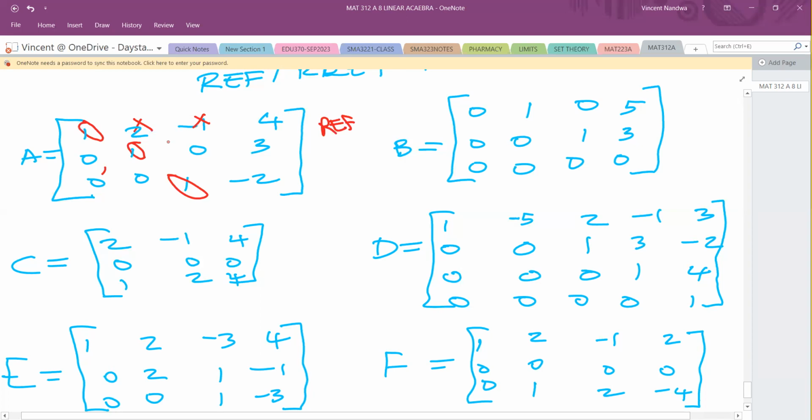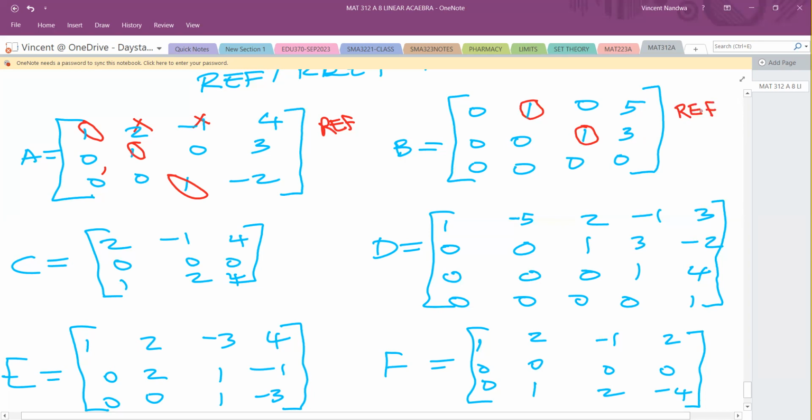Yeah, good. B, is it in row echelon form? The first thing is to identify the leading ones. And this is in row echelon form because there exists a row which has all zeros and it is placed at the bottom of the matrix, okay? And for the non-zero rows, the leading one of the top row is to the left of the leading one of the lower row. So this is in row echelon form.